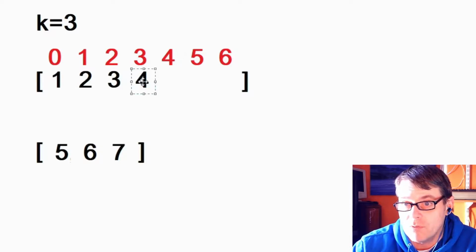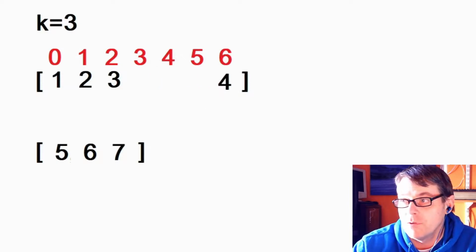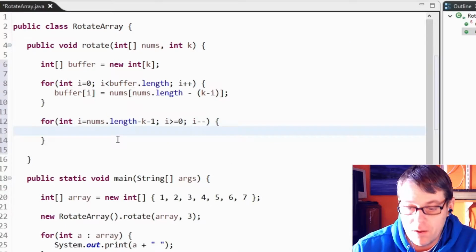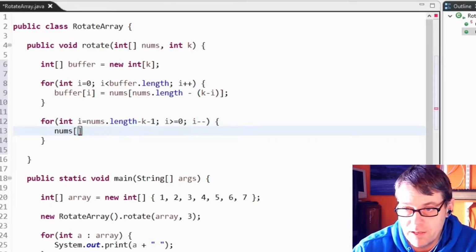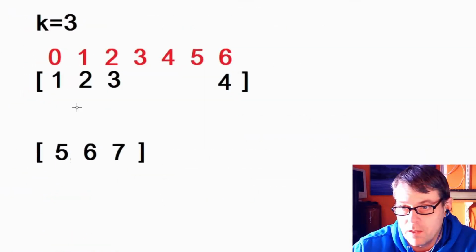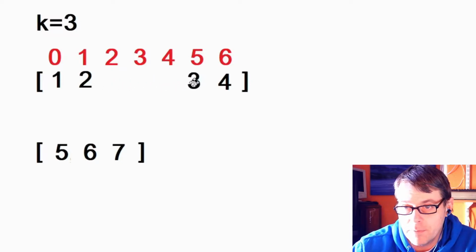As we loop down, I want to move it k places up. So to do that, I'll say nums at i plus k equals nums at i. So that's going to move each value k places up.